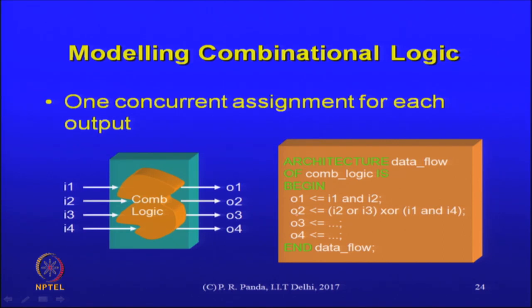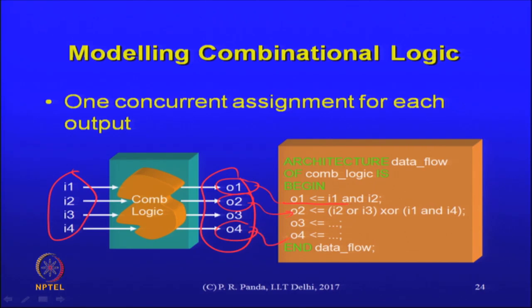Okay. This is good enough to model any combinational logic. So, combinational logic in general, I have a bunch of inputs, a bunch of outputs, and how do I specify that? I need to model this combinational logic. There should be an easy way for me. Basically, I have one statement for every output. For this output, I have a different statement.